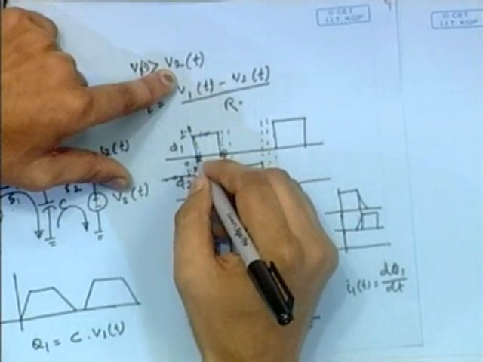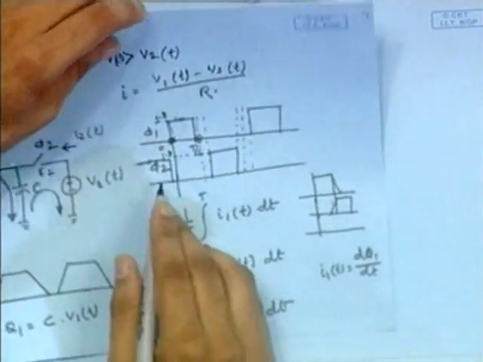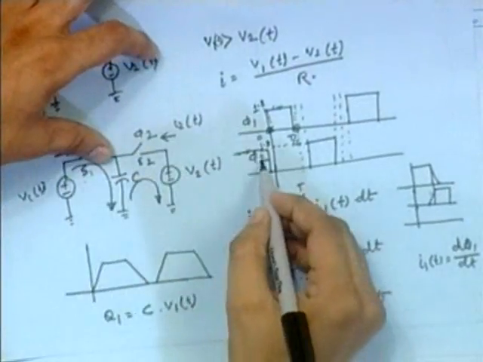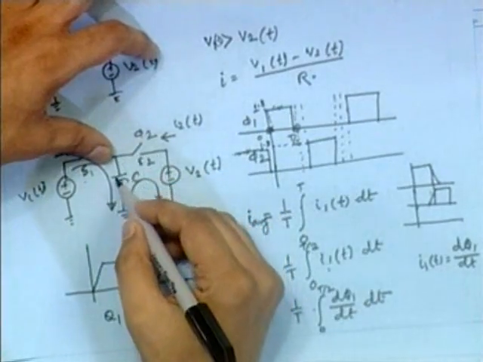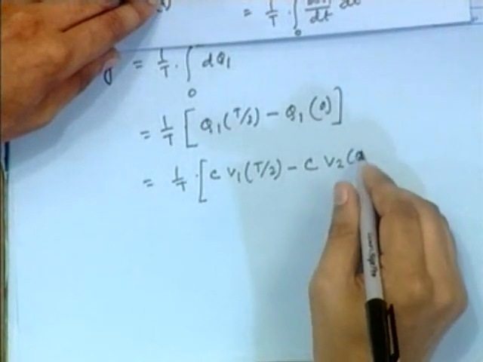So that is why at this moment this capacitor was charged with the previous value of phi 2. So that is equal to V2.